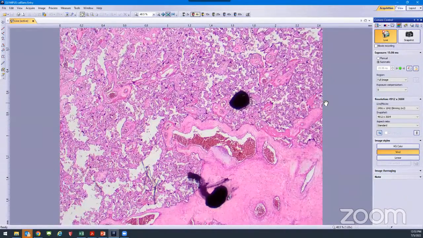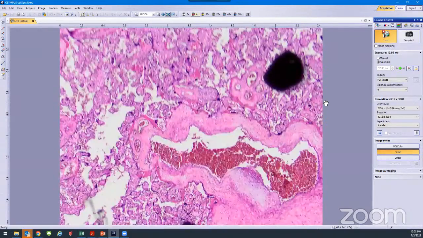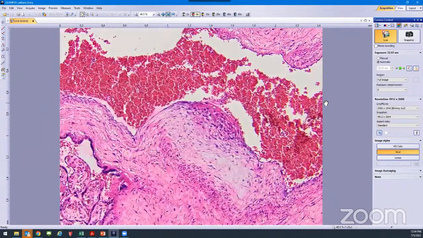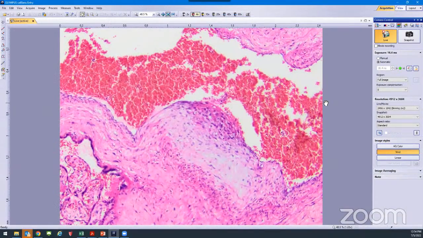And in addition, we have a little bit of mural fibrin deposition kind of at the surface of the vessel in a stem vessel.